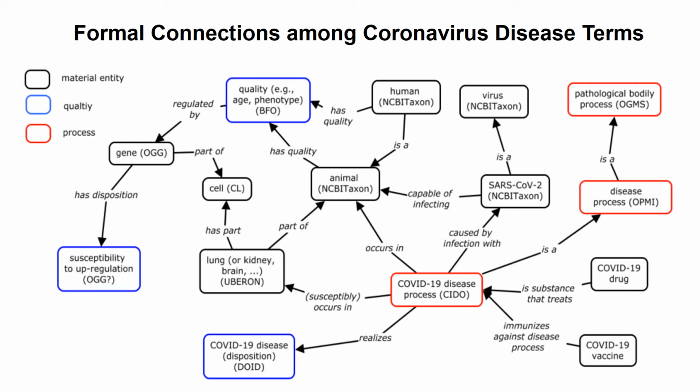And then the animal, like a human, has different qualities, and those qualities are regulated by genes, and they often can be susceptible to different conditions. On the other side, the disease process is a pathological bodily process under OGMS. And then we can also look for the drugs like remdesivir and then the vaccines.